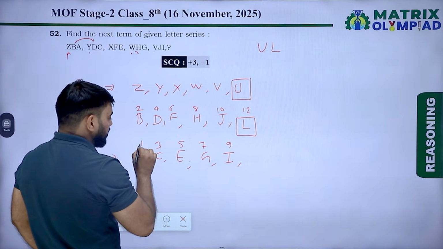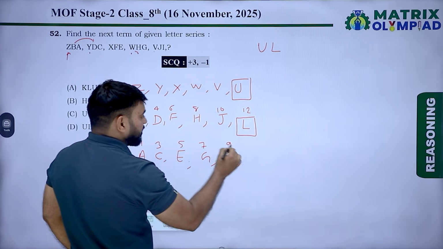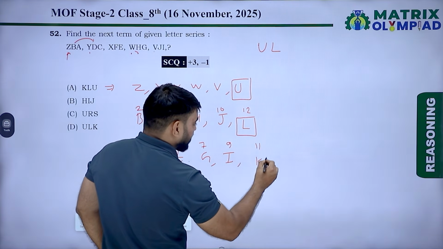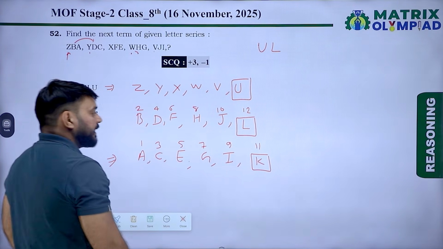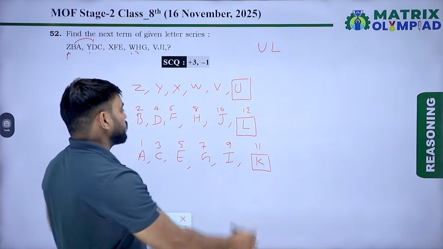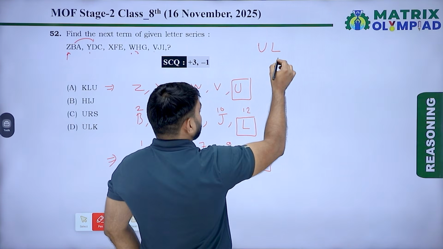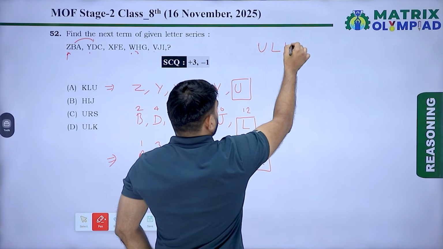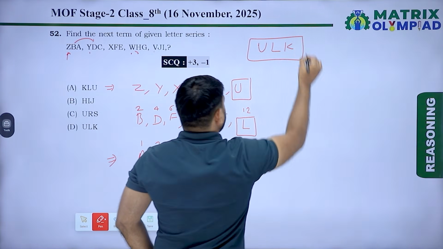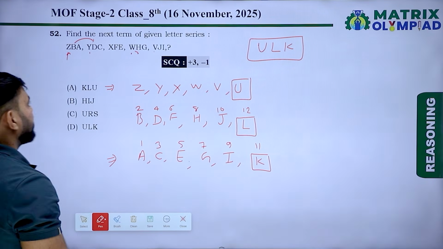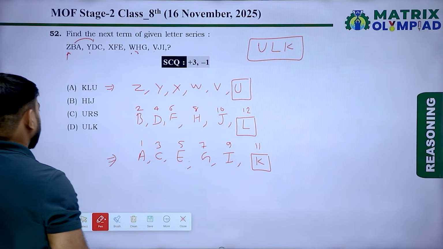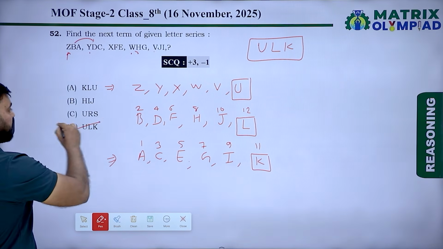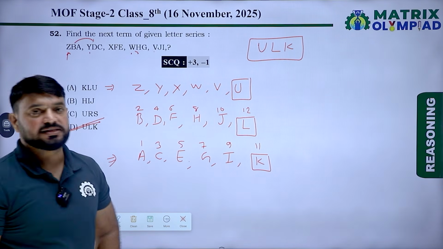Now the next is 11, which means K, because the place value of K is 11 in the English alphabet. So the third letter of the missing term is K. So ULK is the missing term of the given series. ULK means option D is the correct answer of this question.